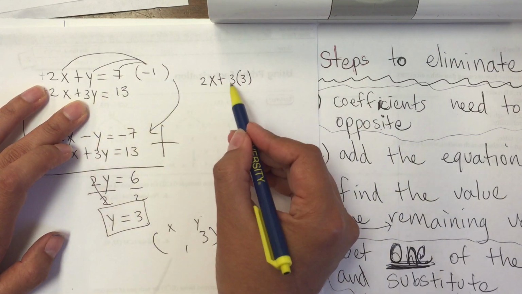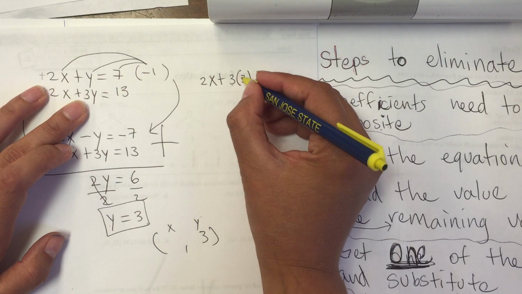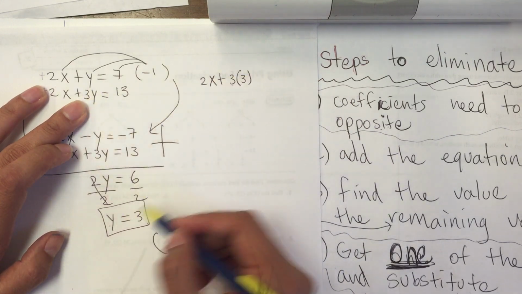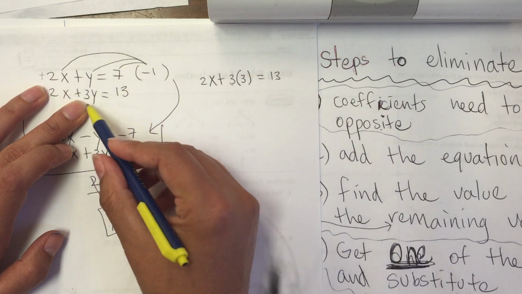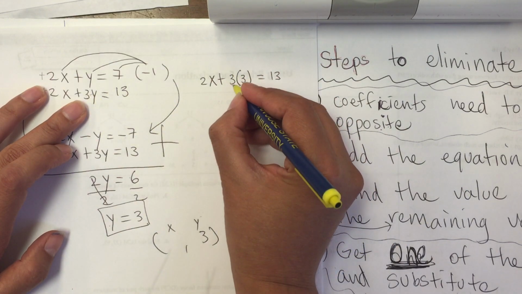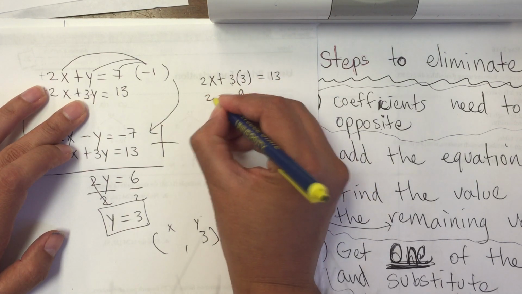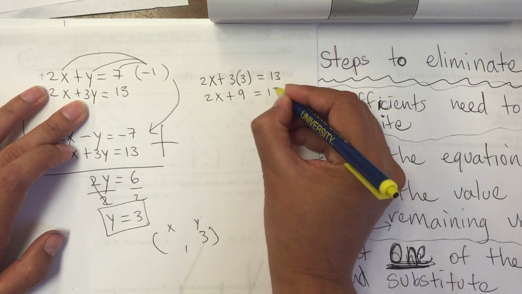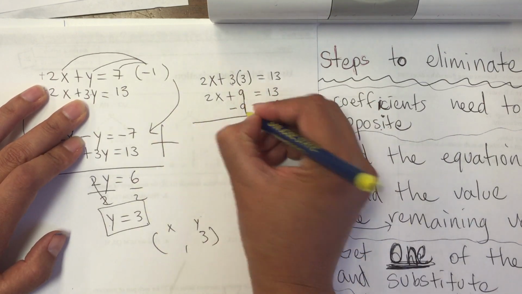Notice that I'm still keeping my coefficient because some people think that they replace the whole 3y by 3, and no, it's only the y. 2x plus 3y equals 13. The other thing is that this means multiplication, so I'm going to be multiplying, not adding or just leaving it as 33. Okay, it's 3 times 3, which is 9, and the rest we're just going to bring down, and then I start solving.